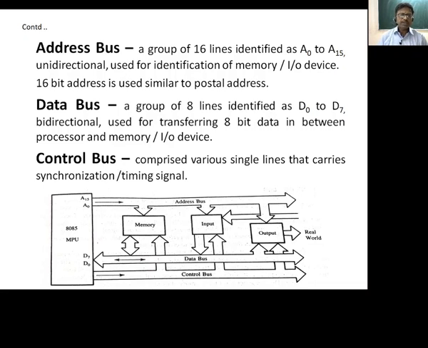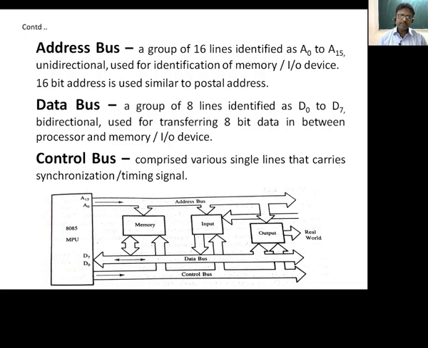Now these 16-bit addresses are unique addresses, either of the peripheral device or of the memory device, very much similar to a postal address. Everybody has their own address, and everybody is identified by the address.